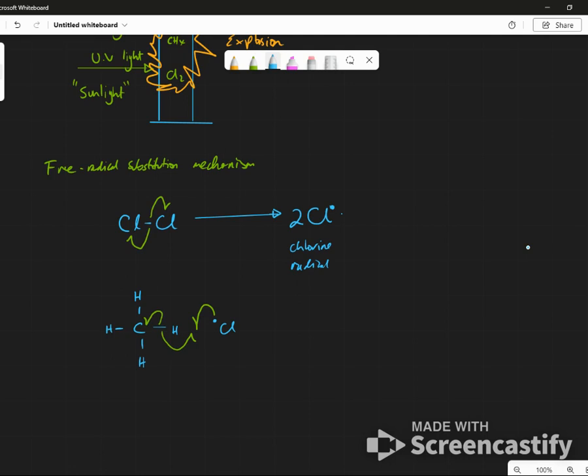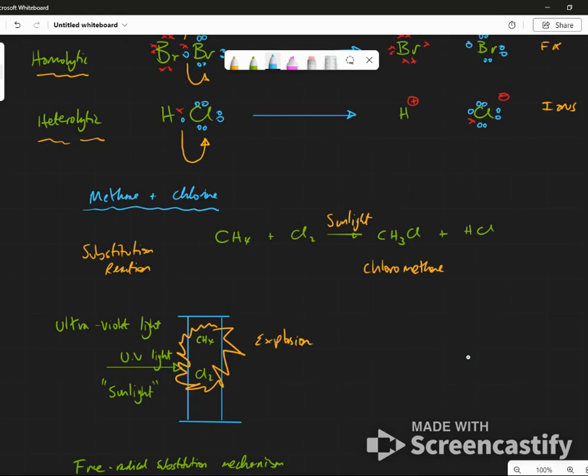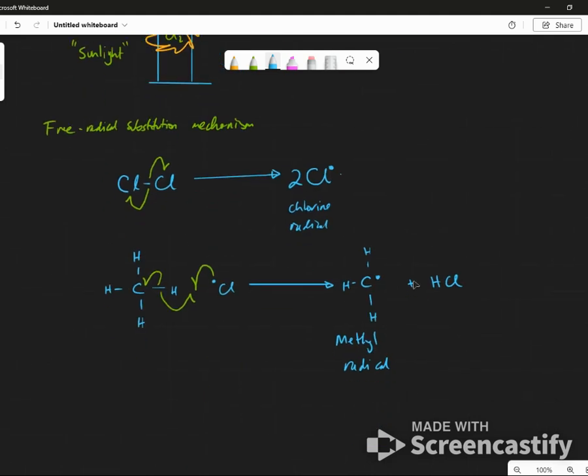So this is going to give me a CH3 radical, and HCl. This is known as a methyl radical. And the HCl is there. That's where the HCl comes from.